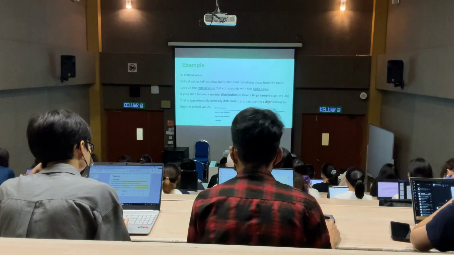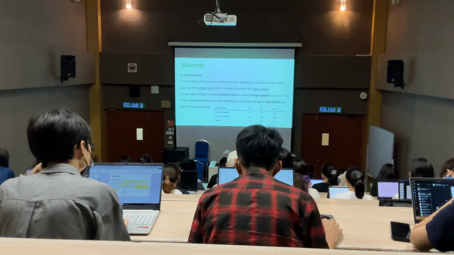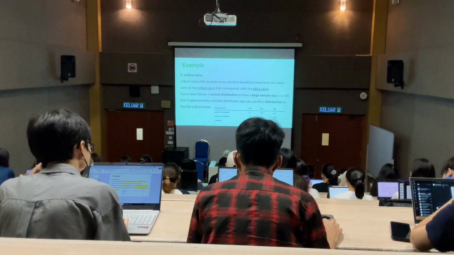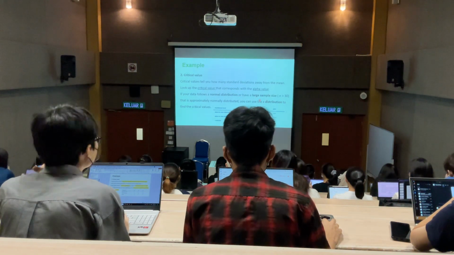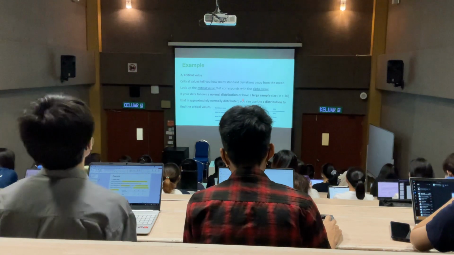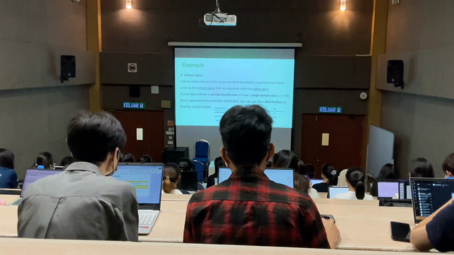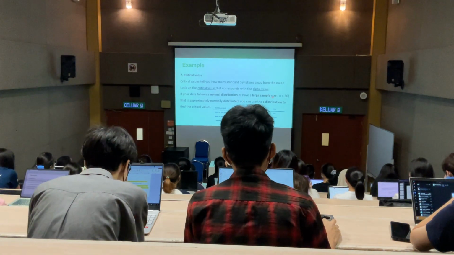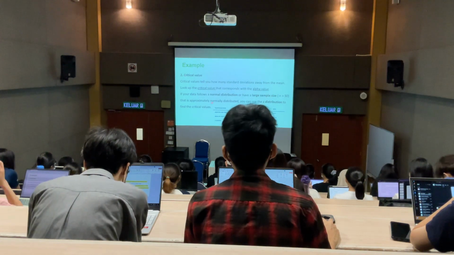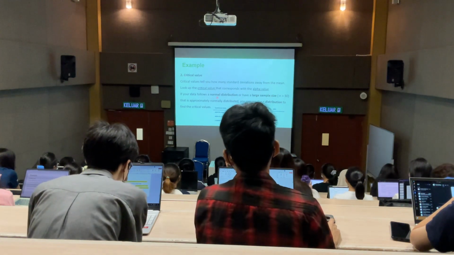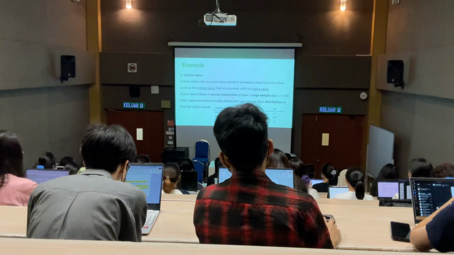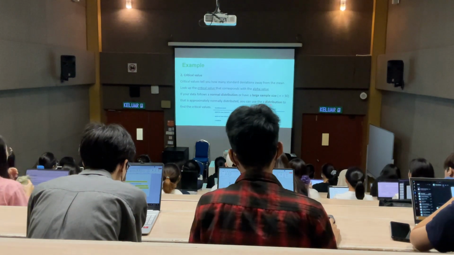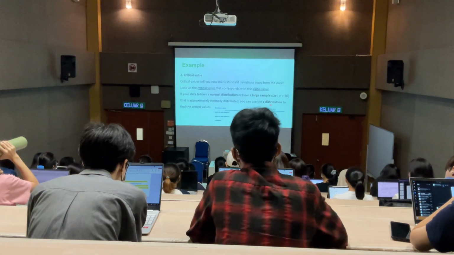So if your study fulfill this criteria, have a large sample size. How large is large sample size? More than 30, remember? And then your data will follow a normal distribution, then you automatically know you will need to perform the z-test.